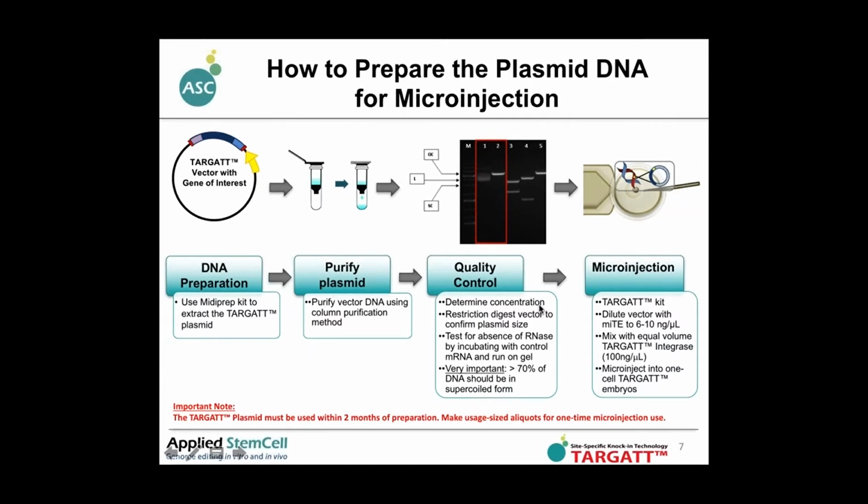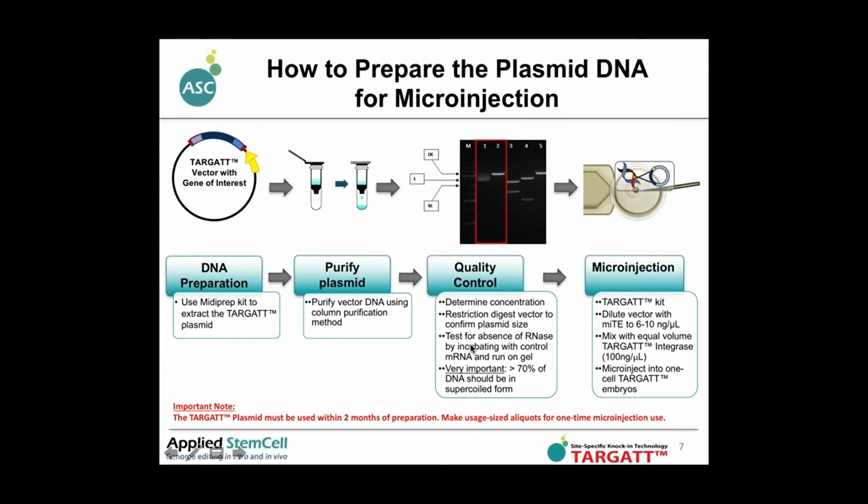This is important because the concentration of the DNA that is injected into the pronuclei of the embryos is usually very low, so the accuracy of the concentration is crucial. We also use restriction digestion to determine if the plasmid is correct using fragment sizes. In some cases, we also do sequencing to confirm that the DNA is all correct.